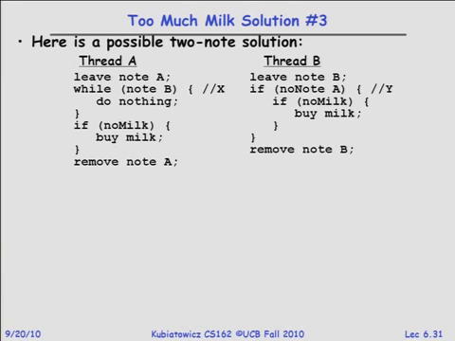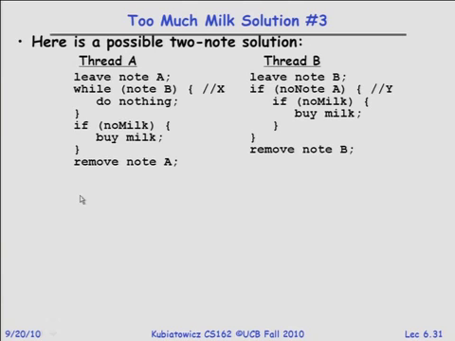Yeah, notice we've got some wait condition going on here, and we're trying to be a little bit clever about it. We leave our note, which is kind of like a promise to investigate, and as long as B has got a note up there, we don't really know what B is going to do. So we stall until the note goes away, and then we buy the milk.